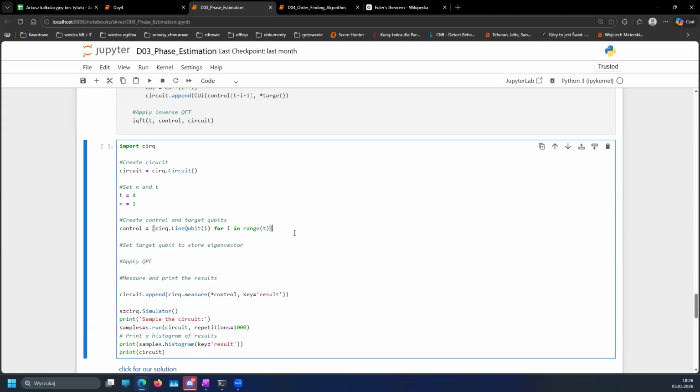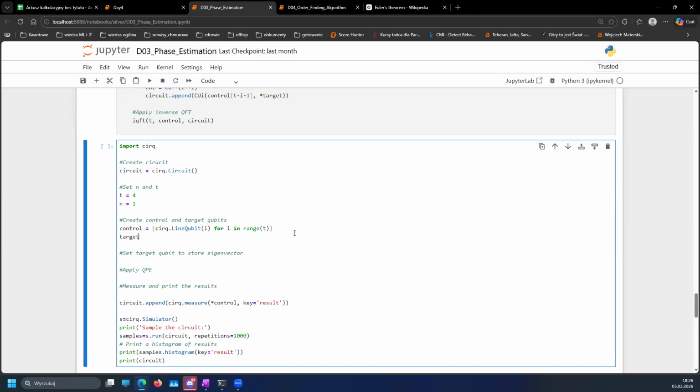And then we need a target register, which we already said has only a single qubit, but to be consistent with the notation, I would like it like that, or maybe like that. Why? Because we want a proper numbering of them.